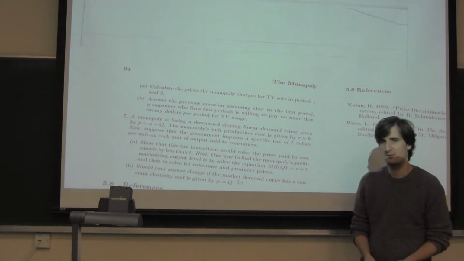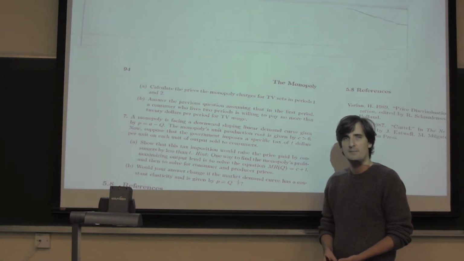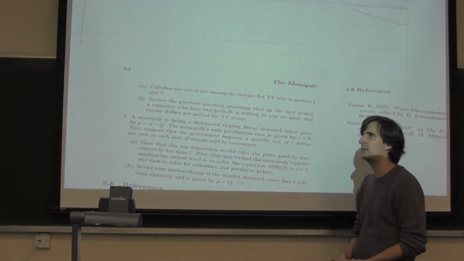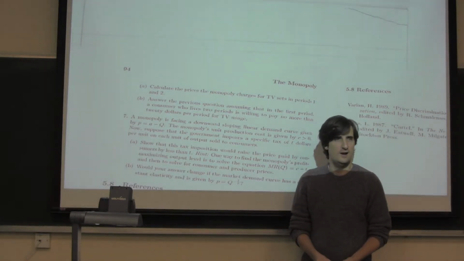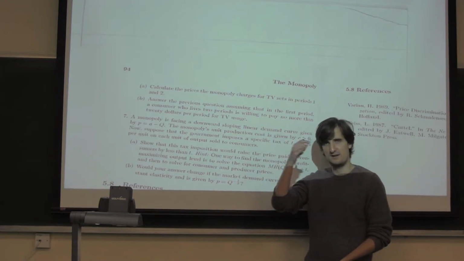So they always prefer to get 100. That's if a high type consumer hasn't bought in the first period. If a high type consumer has bought in the first period, then it's 100 versus 0. So in either case they want to set a price of 50 in the second period.